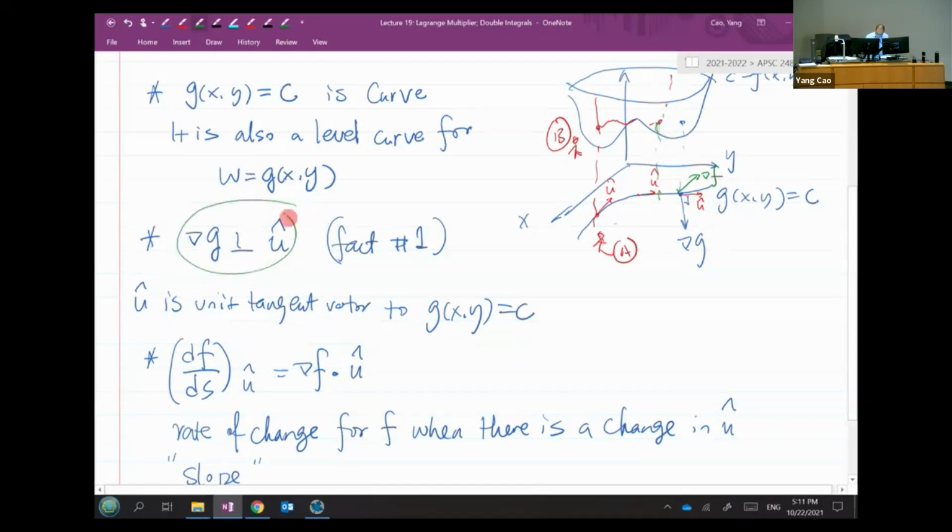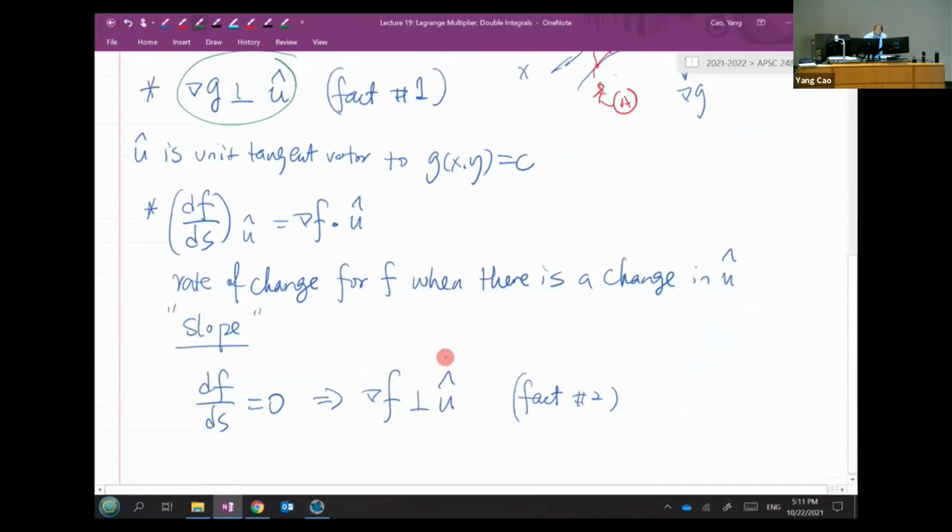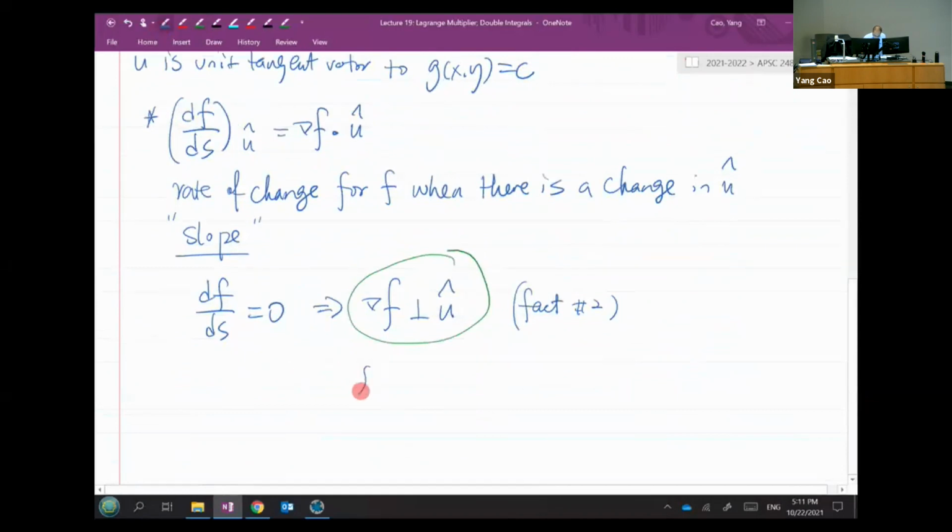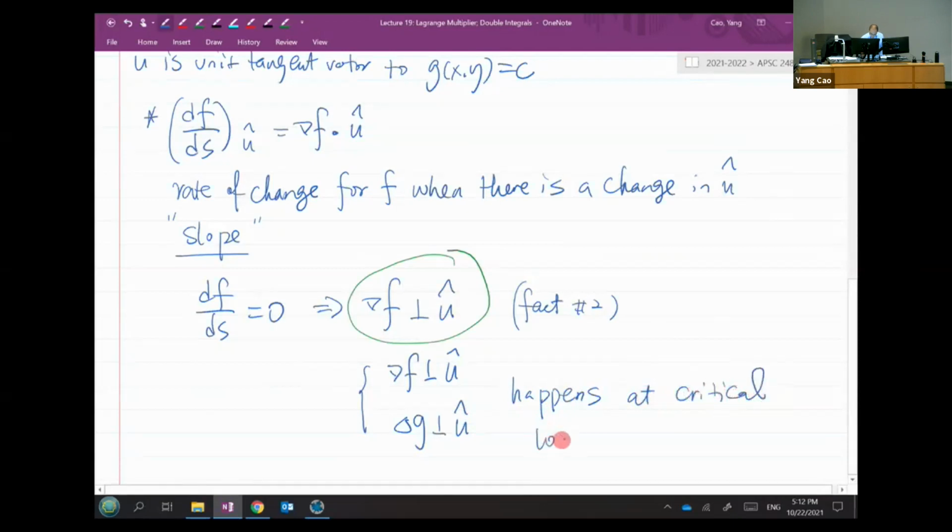You're going to have this condition satisfied, and you are also going to have this condition satisfied. So both of these conditions need to be satisfied when you reach a certain critical location. So these 2 conditions happen at critical locations.